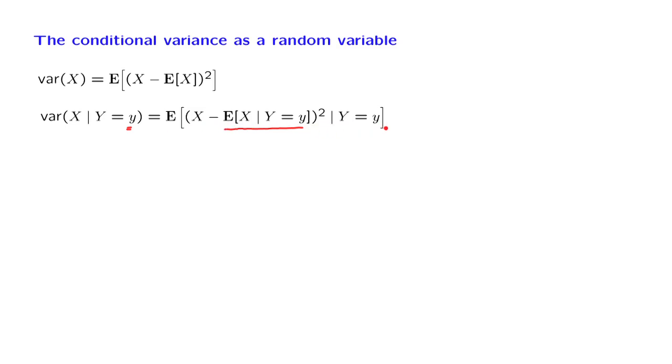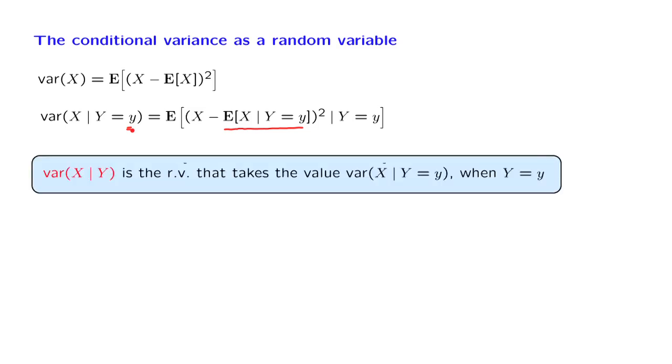Now, we proceed in the same way as we proceeded for the case where we defined the conditional expectation as a random variable. Namely, we think of this quantity as a function of little y, and that function can now be used to define a random variable.